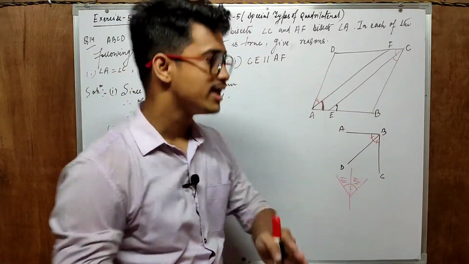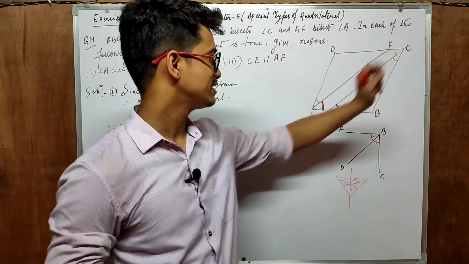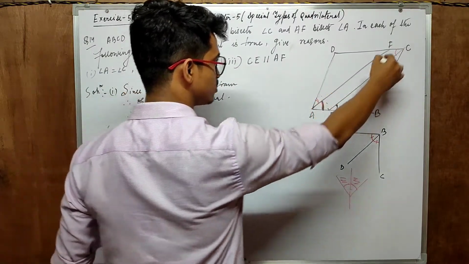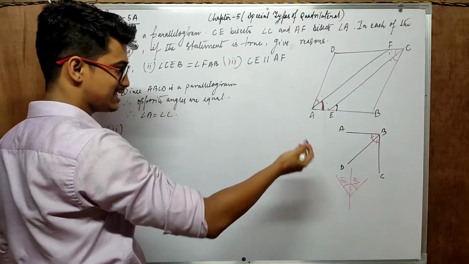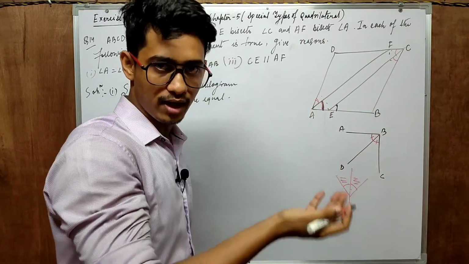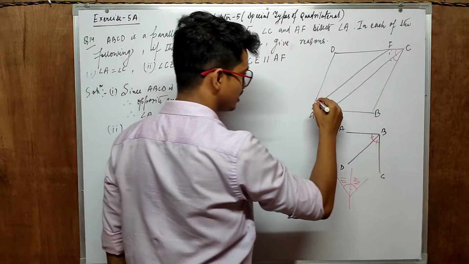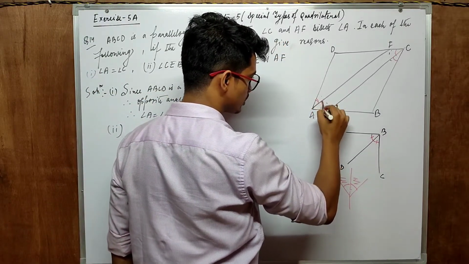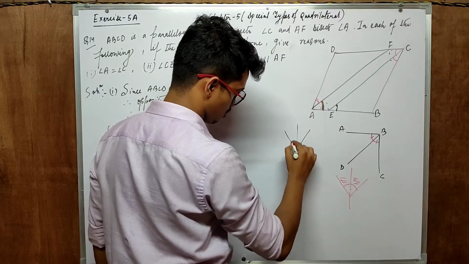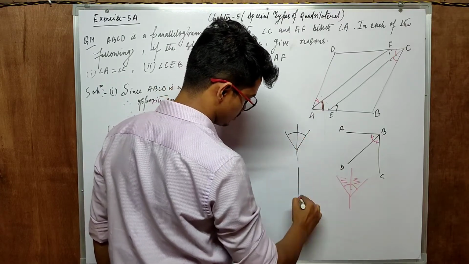I know that angle A equal to angle C. So in this position, the question is saying that these two gaps are also equal. The whole angle is equal to this angle.